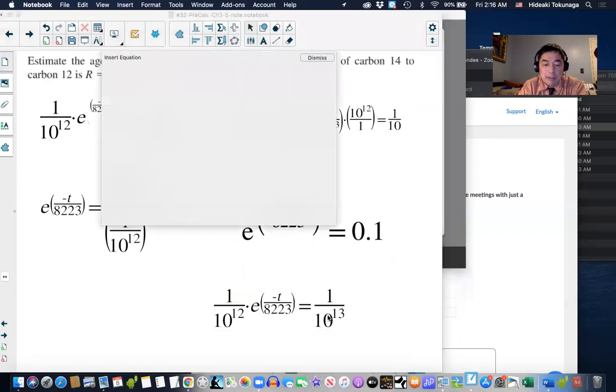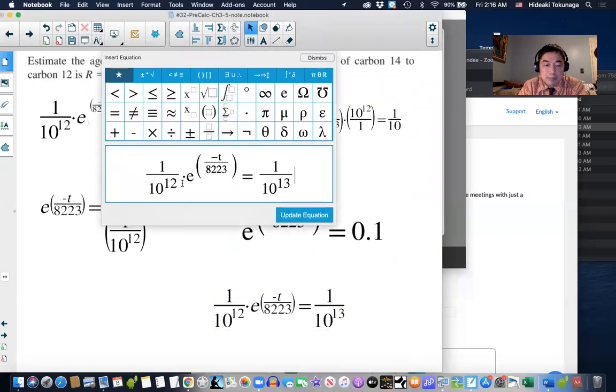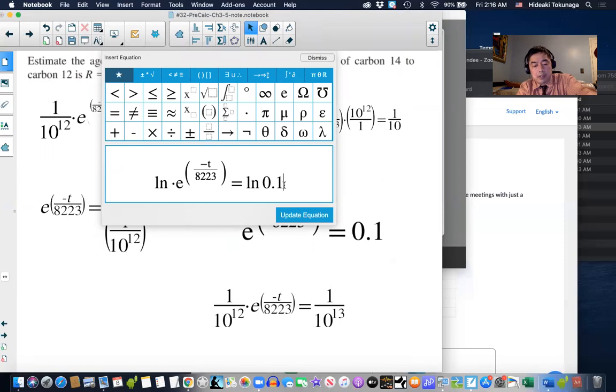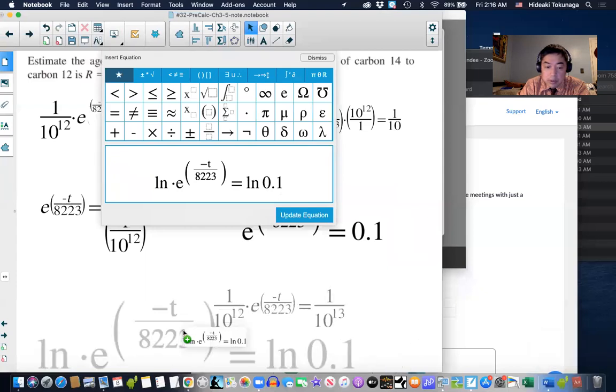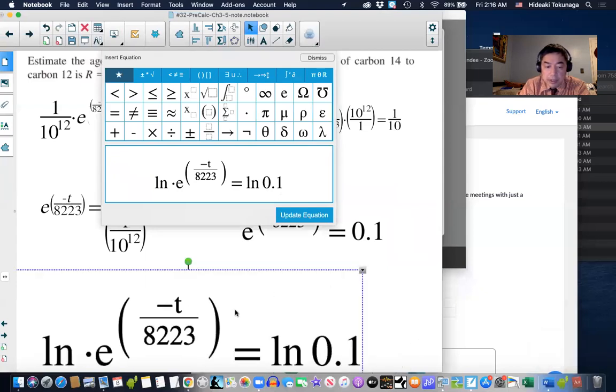So now I put the natural log here. Natural log of 0.1, right? This part is 0.1. Natural log. Okay, again, I will create a picture, so I will just cut and paste it. So this is the new equation.